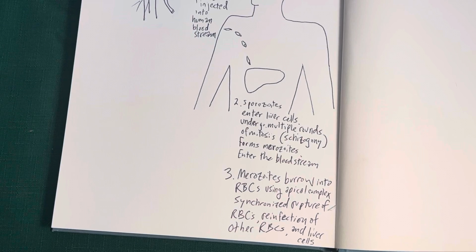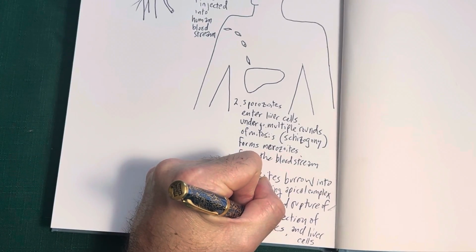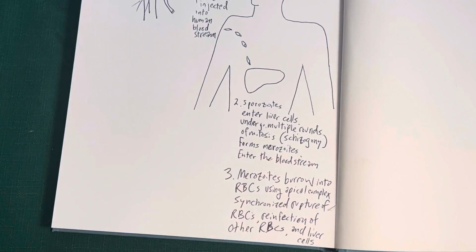I can't remember. I think it's just a 24-hour cycle for falciparum malaria. But this is why malaria is known for causing very distinct cycles of fever, feeling very hot, and chills. The rupture is what leads to the chills.